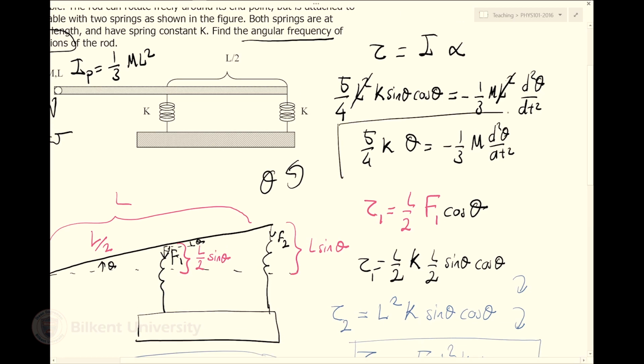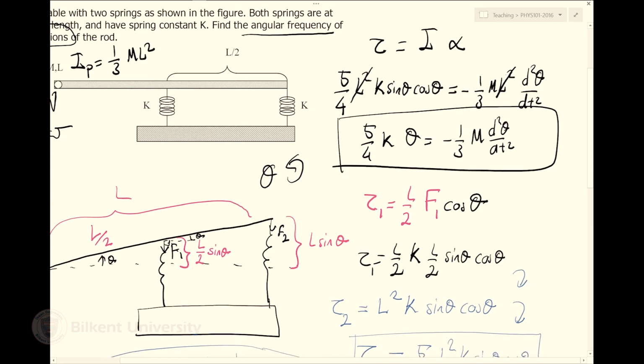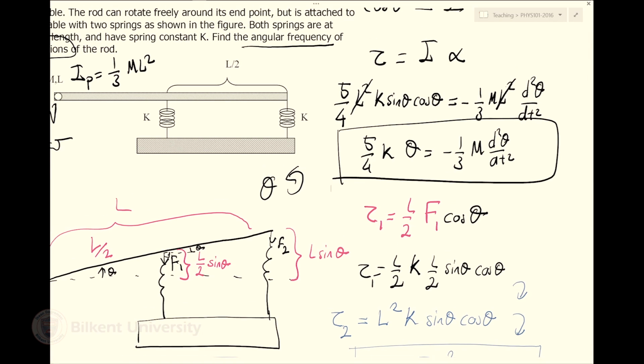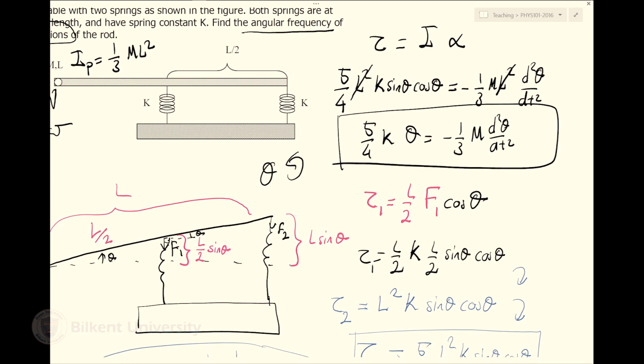And every time I see a differential equation like that, I know how to solve it. I've really used my space terribly, so let me rewrite this equation somewhere else.